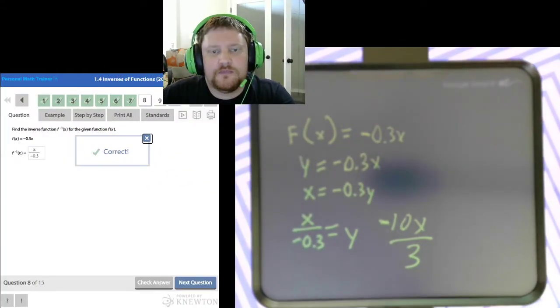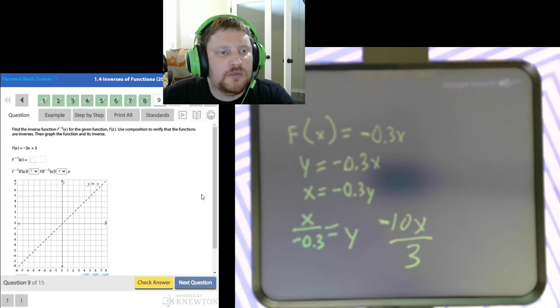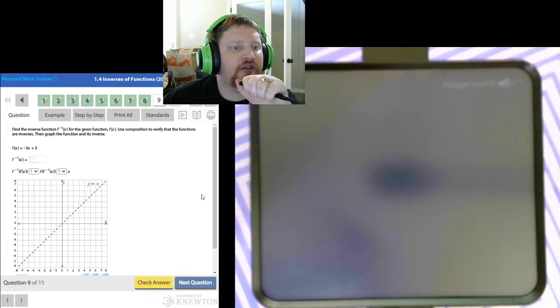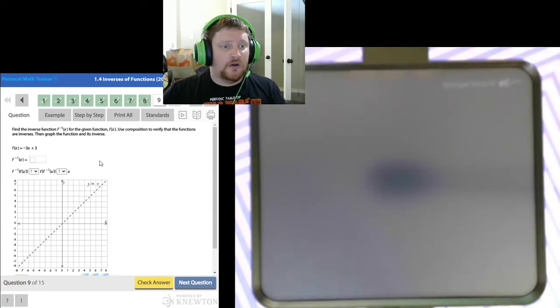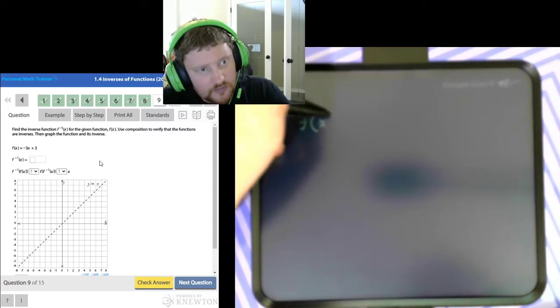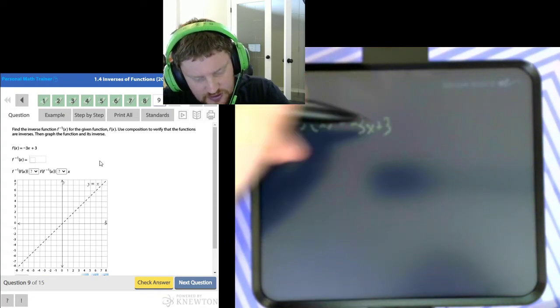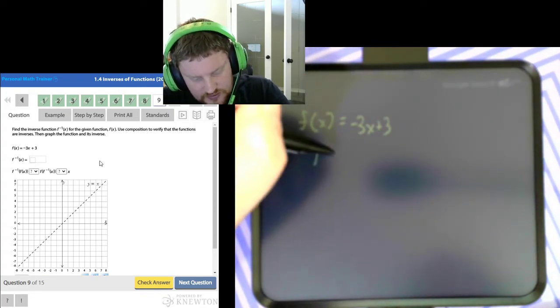Alright, moving on. Number 9. The inverse function f inverse of x for the given function f of x. Find the inverse. Use composition to verify that the functions are inverses, then graph the function and its inverse. Okay, so f of x equals negative 3x plus 3. Change f of x to y.